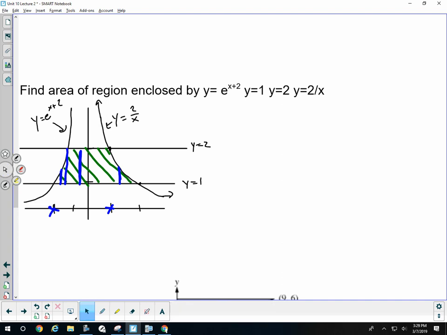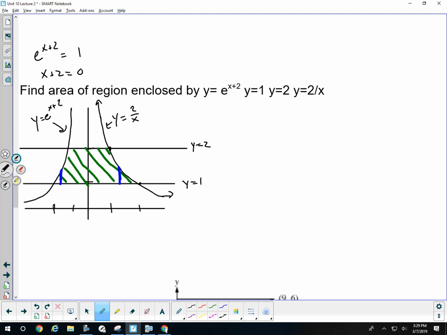Now, we can find where these intersections are. It's not important, but I'm just going to list them off as like A and B. And I want us to write down the integrals. Actually, let's actually find the intersections. So this starts when e to the x plus 2 intersects with y equals 1. That's the log of 1, which ends up being 0.